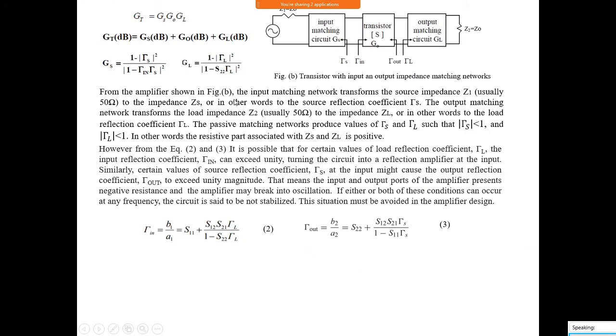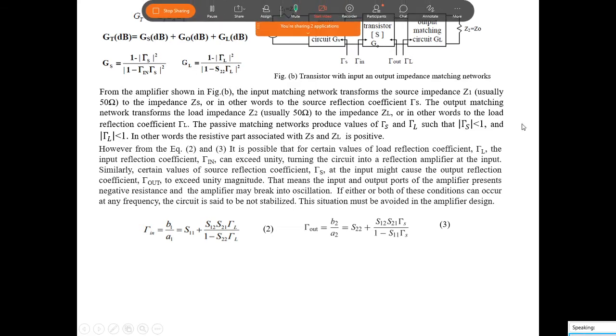From the amplifier shown in figure B, the input matching network transforms the source impedance Z1, usually 50 ohm, to the impedance ZS, or in other words, to the source reflection coefficient ΓS, because ΓS depends upon ZS.